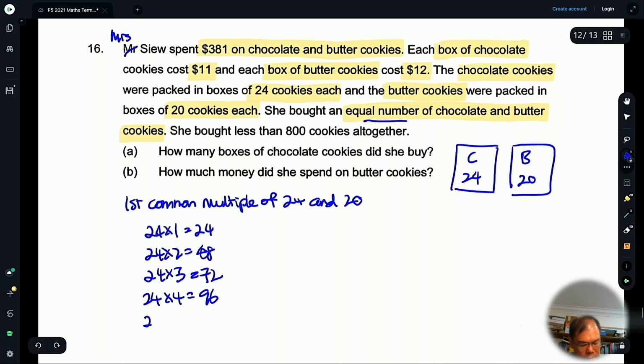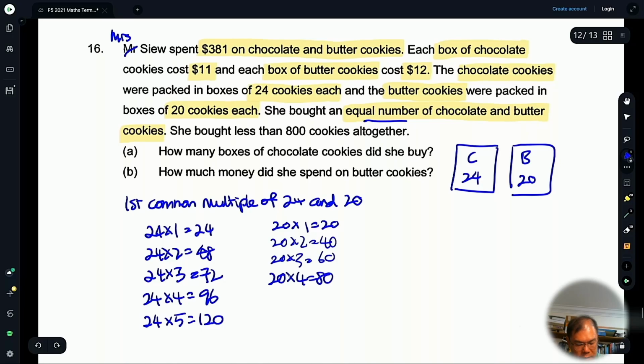Okay, and 24 times 5 is 120. Okay, how about multiples of 20? So 20, 20 times 2 is 40, 60, 20 times 4 is 80, 20 times 5 is 100, 20 times 6 is 120.